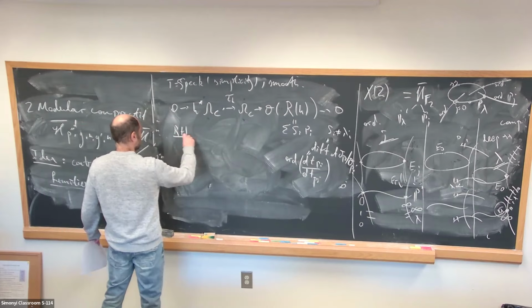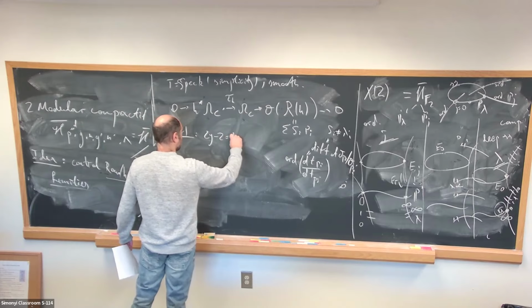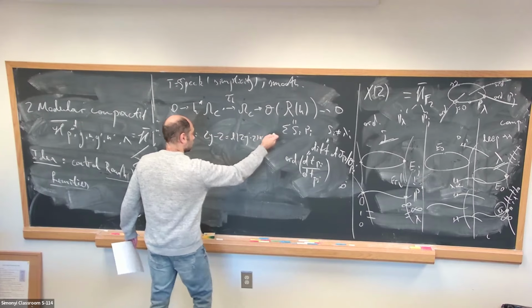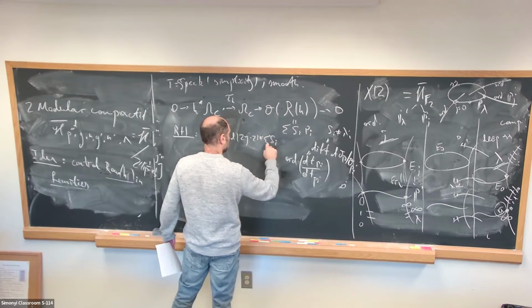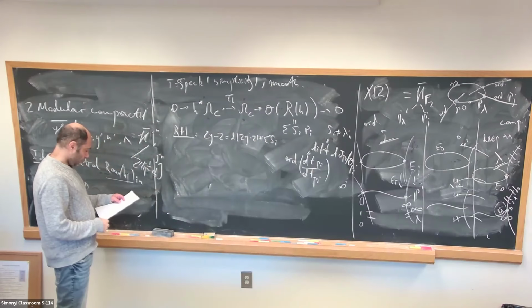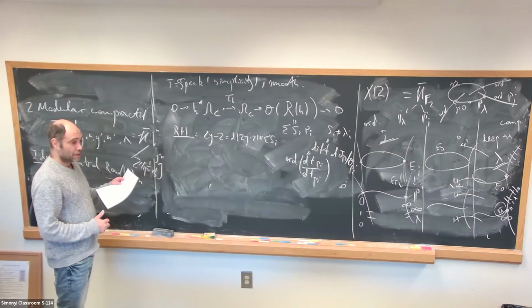Of course, Riemann-Hurwitz says that twice g minus 2 equals d times twice g prime minus 2 plus the sum of the delta I. And you assume that it's a separable map. Here, yes.